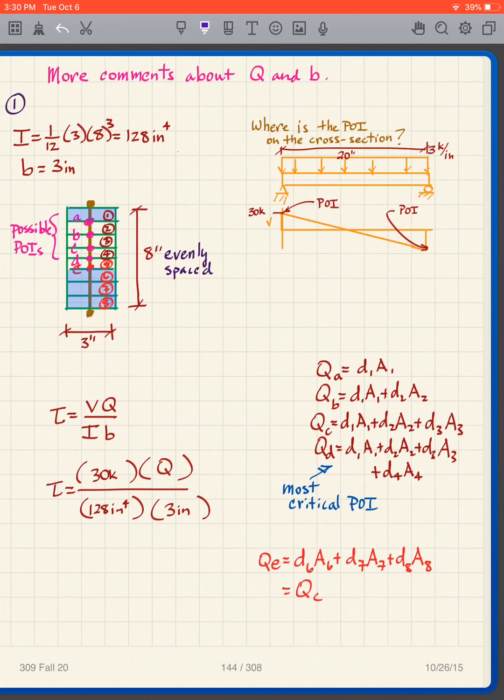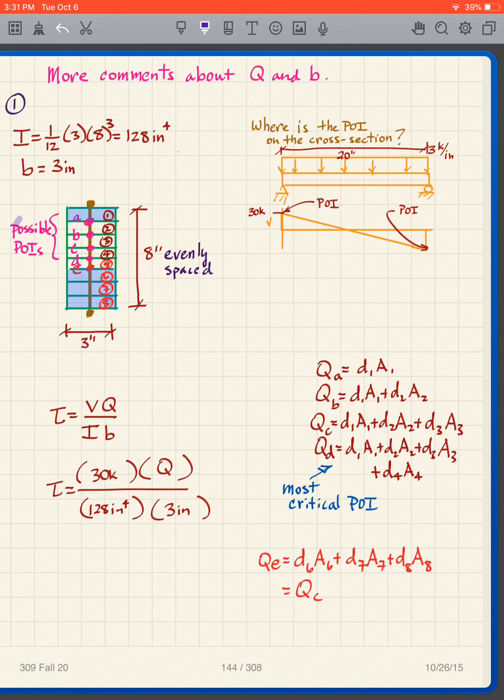So since I've chosen my points of interest there, I want to know, where is my real point of interest that is critical along the beam cross section. What it comes down to is, where's my maximum tau? Well, I've already got this portion of it.